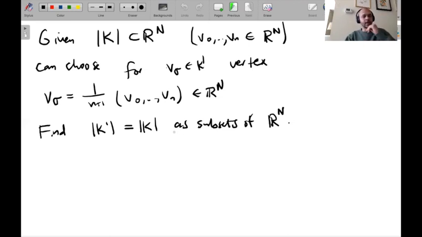So I'm saying you can choose the vertices of the subdivision to be these barycenters. And now I see this is a typo, this should be plus. Of course, there are other ways to choose how the vertices of the subdivision map in. But if you choose them to be these barycenters, then the subdivision and the original simplicial complex have the exact same geometric realization.